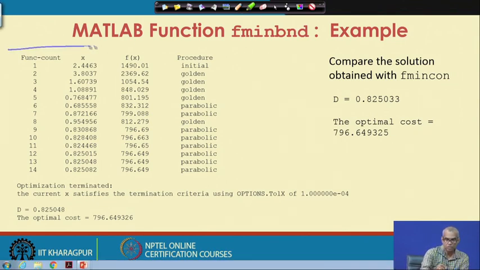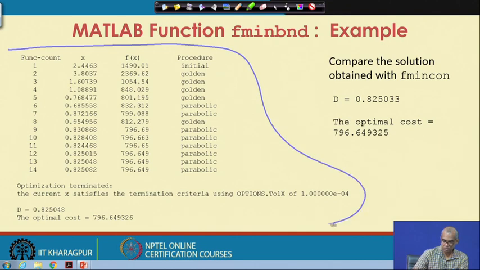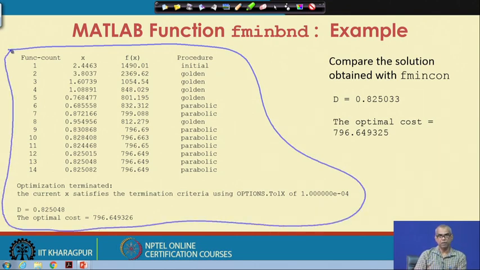So, this is the output of fminbnd. The function count was 14. It started with golden section search, moved to parabolic, again used golden section search, and then finally completed it with parabolic interpolation.